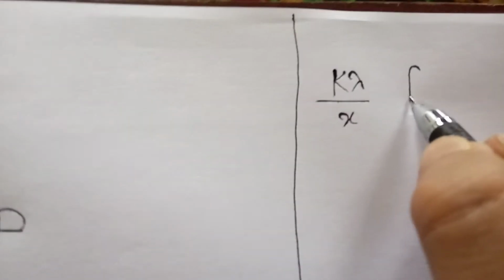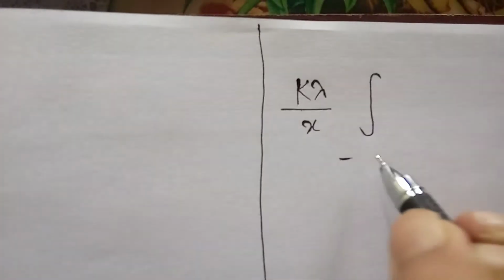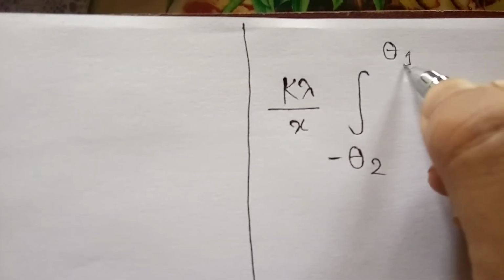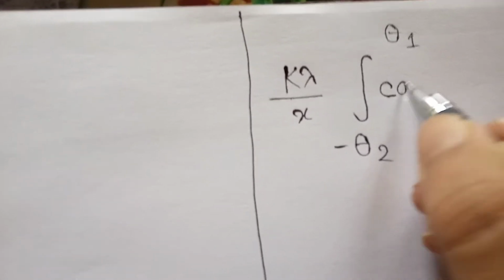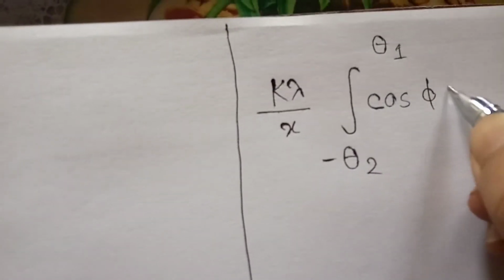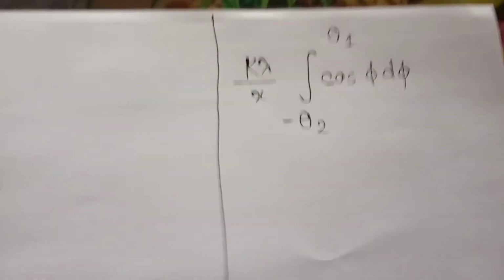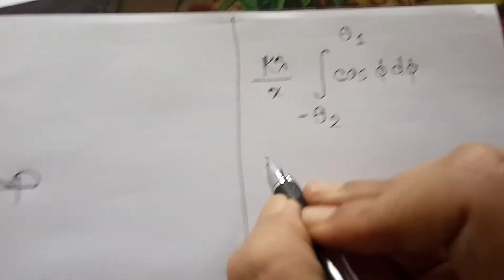Inside the integration from minus theta 2 to theta 1 will be cos phi d phi. Now what is the integration of cos phi? That is sin phi.